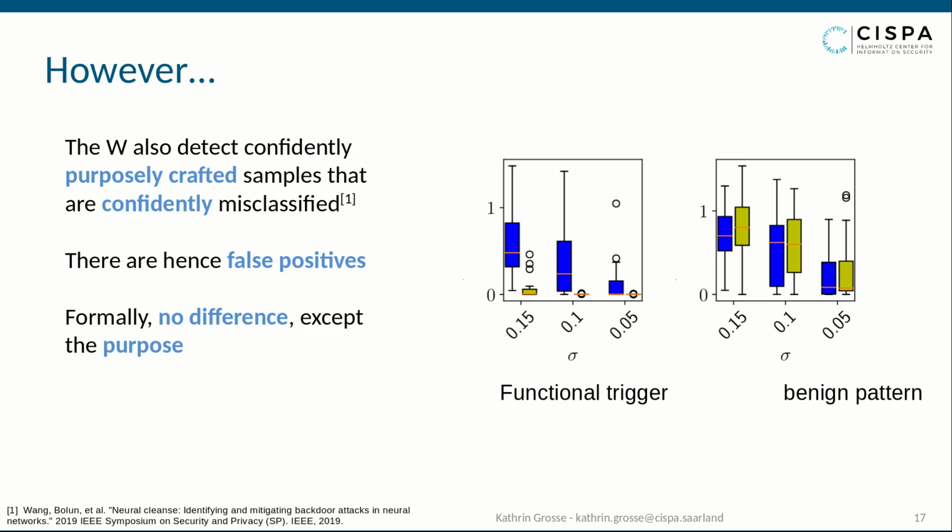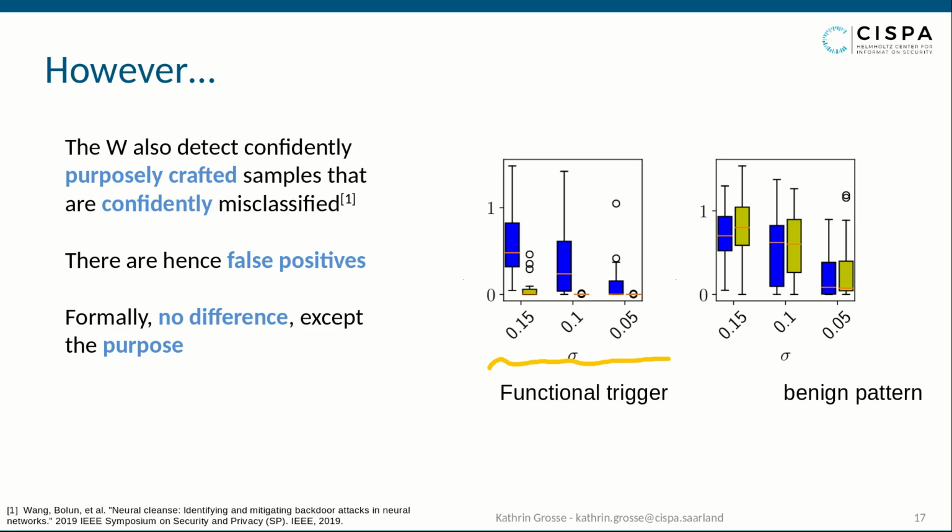If we add those to the patterns and then present them to our measure, what we actually see is pretty much equivalent to what we see when we see a functional trigger. And hence, these are false positives, because these patterns have never been in the training data, and yet they are classified as if they were backdoors.